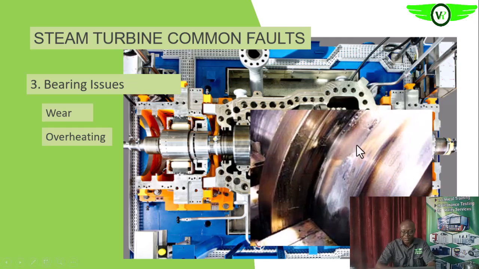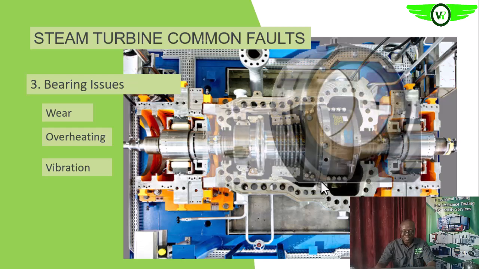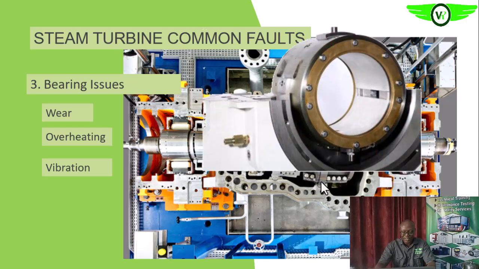So this is the effect of overheating of the bearing, and that can result in excessive vibration and noise from the operations of the steam turbine. Then vibrations can be as a result of that wear or overheating that will cause further wear of the bearing. All of those can result in increased vibrations. Are we getting it?